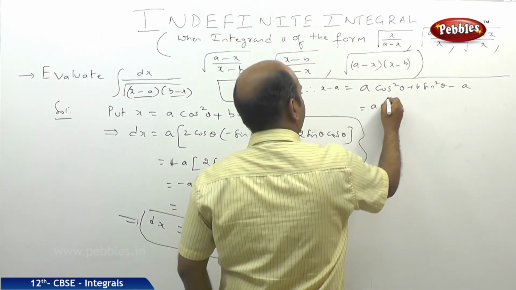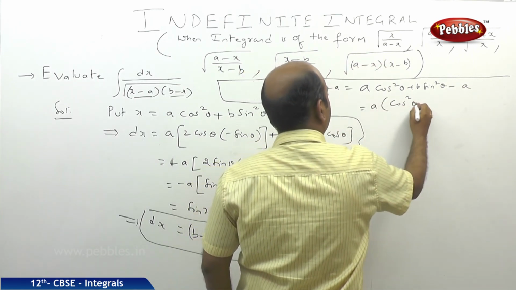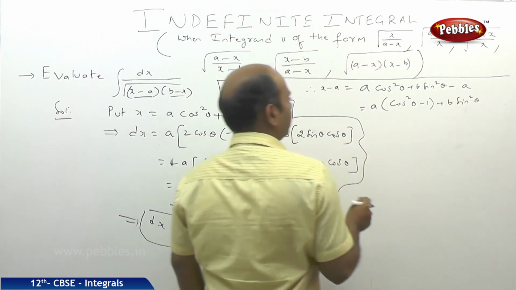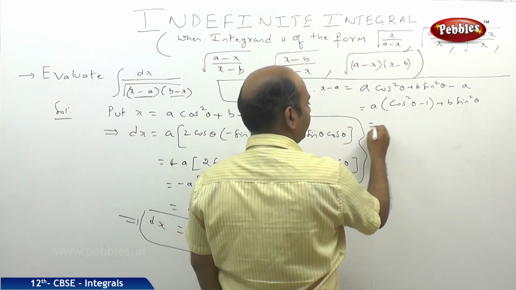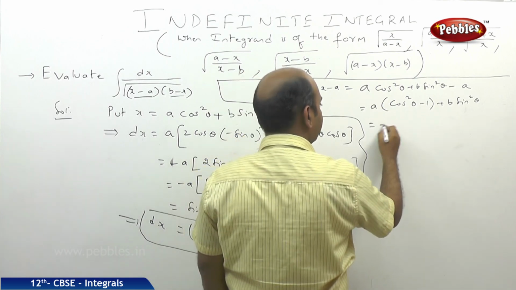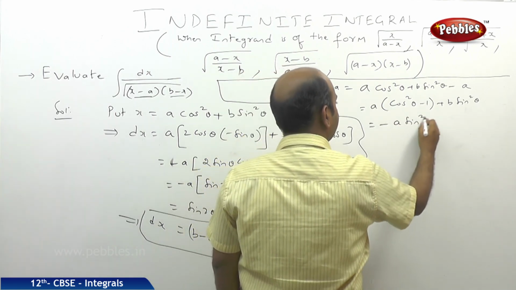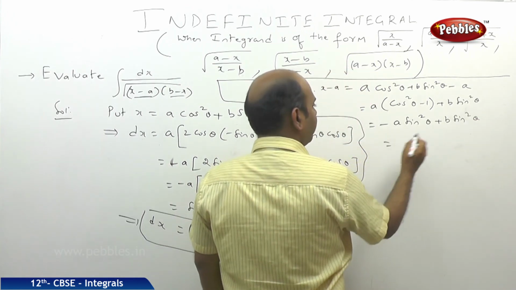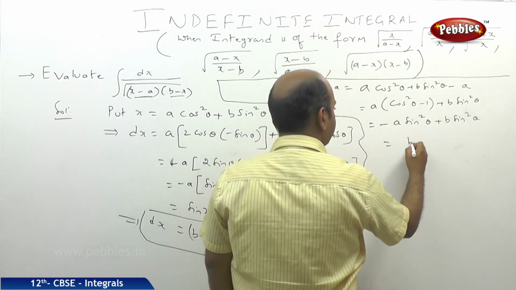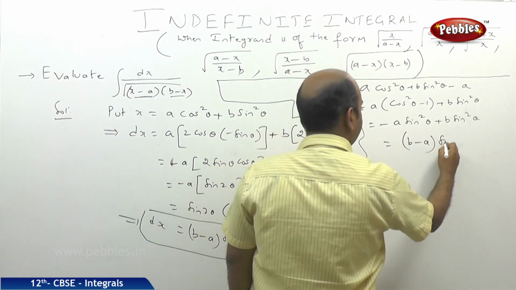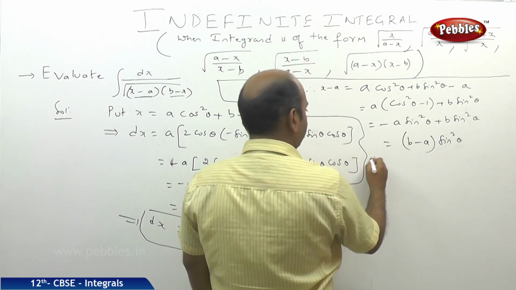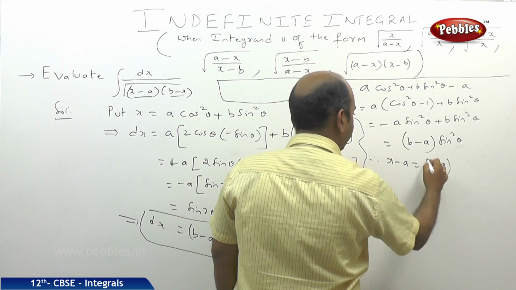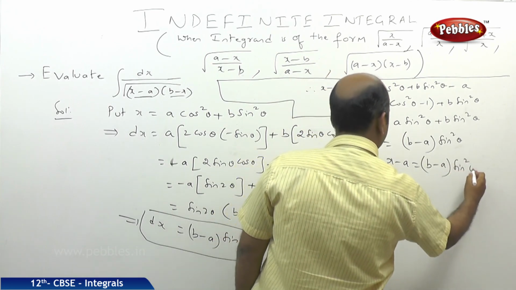Taking a common, cos square theta minus 1 plus b sin square theta. Cos square theta minus 1 I can write as minus sin square theta. So minus a sin square theta plus b sin square theta. Sin square theta common, this turns to b minus a sin square theta. Therefore finally x minus a is equal to b minus a sin square theta.